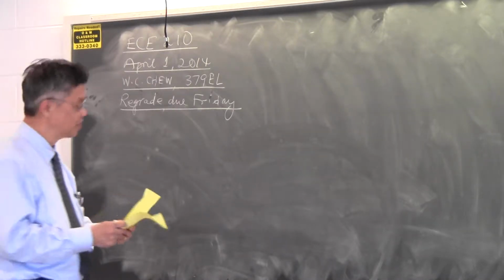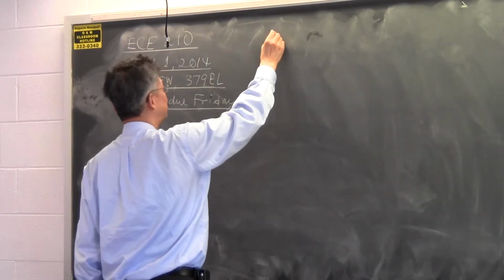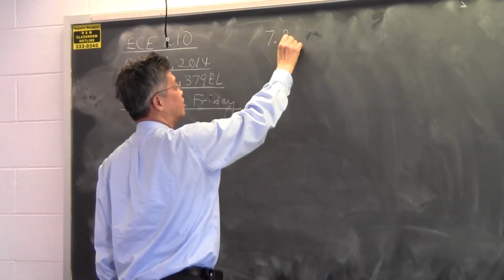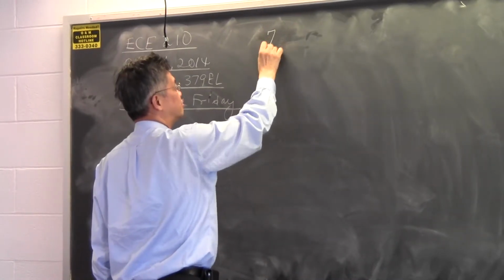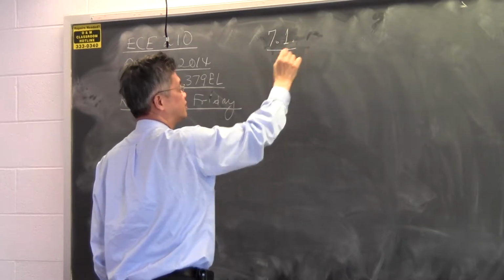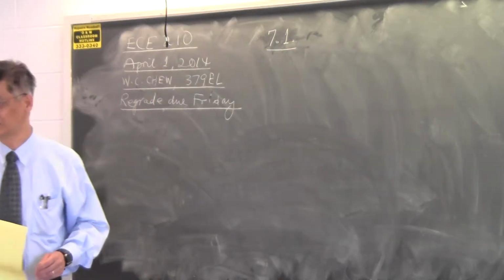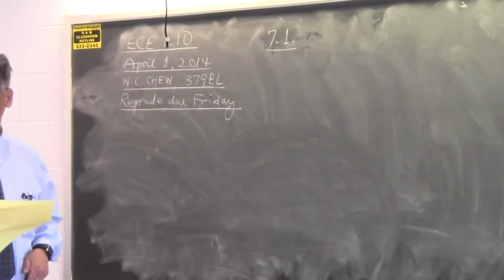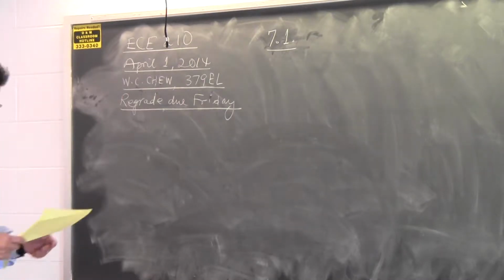So let's go to section 7.2 of the textbook. I guess you have learned section 7.1. We can review section 7.1 briefly. It is where you derive the Fourier transform from the Fourier series.